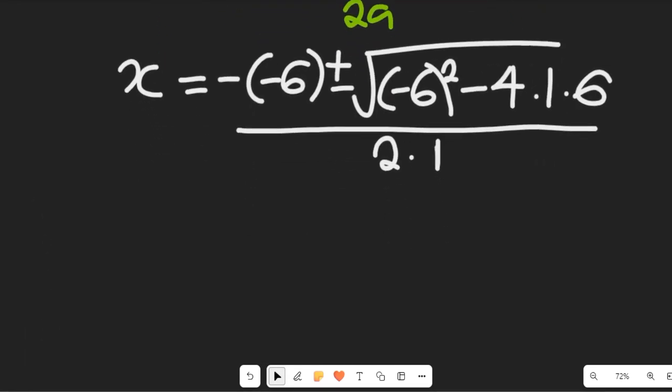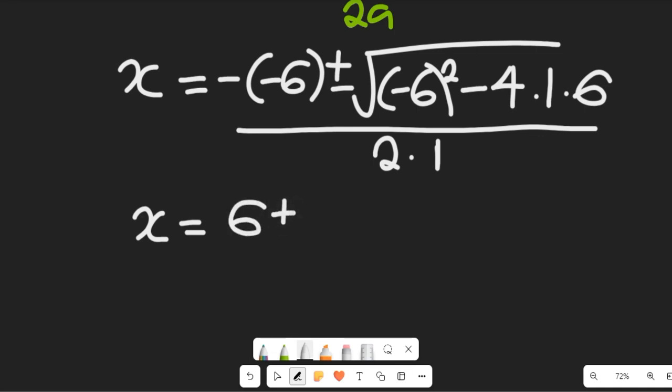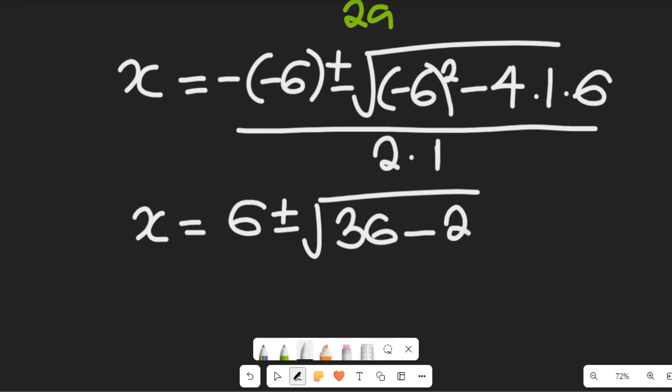So what do we have here? We're going to have x equal to 6 plus or minus the square root of negative 6 squared, which is 36, minus 4 times 6, which is 24, divided by 2.